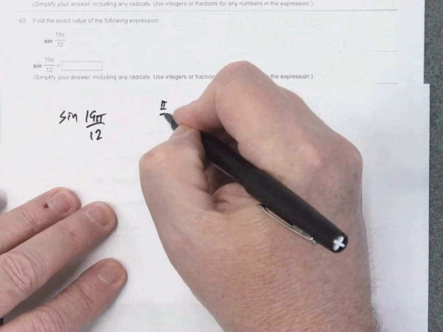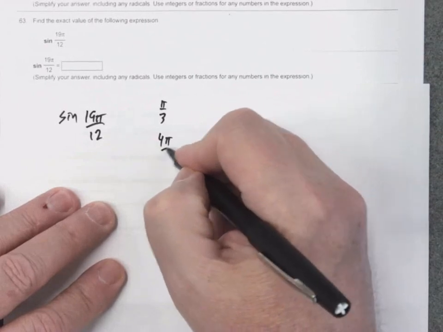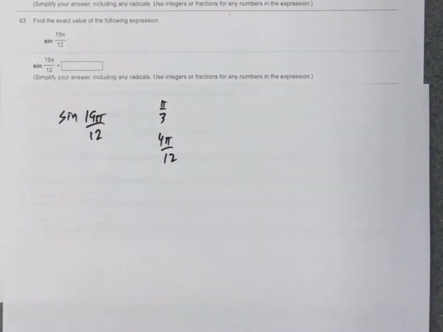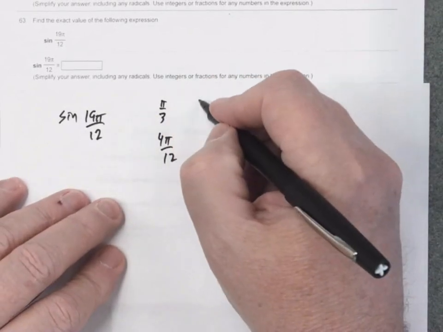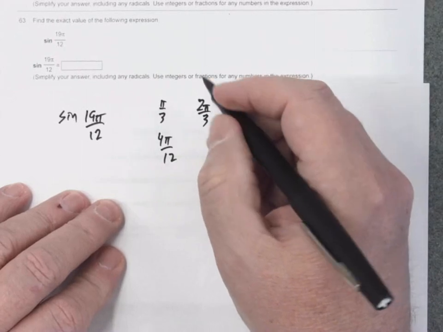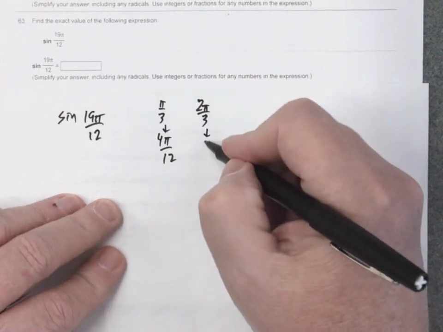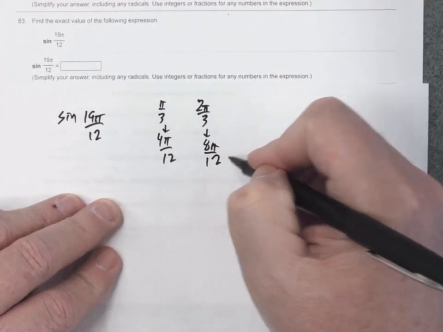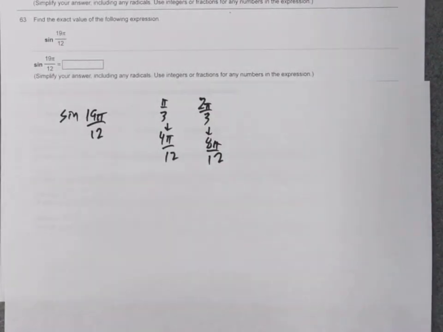Pi over 3, with denominator 12, is 4 pi over 12. How about 2 pi over 3? Multiply top and bottom by 4, 8 pi over 12. If you add those together, you get 12 pi over 12, which is not what we want.